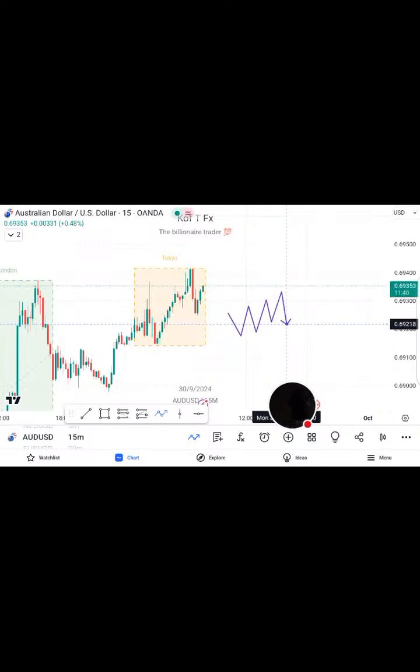Then we have a liquidity gap and another break of structure. The low that grabbed the liquidity is a protected low. So this is what we were looking out for before. Then when London session opens, we are expecting a pullback into our demand zone. Then we expect a buy.